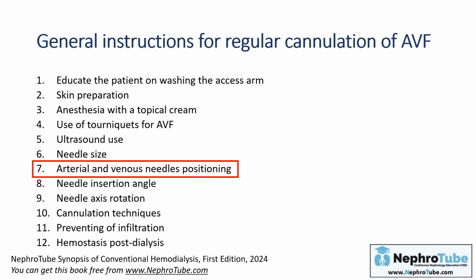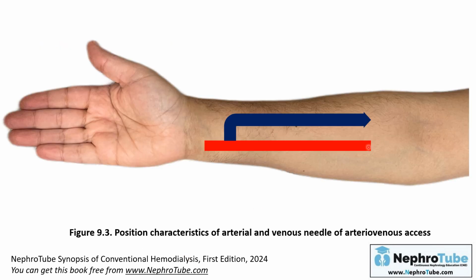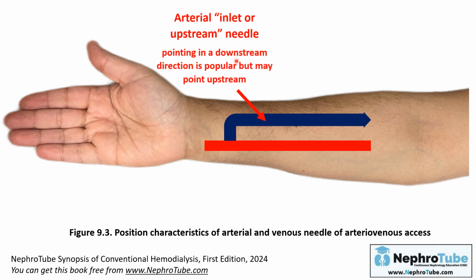Regarding arterial and venous needle positioning, this is very important. Let's imagine this is the fistula, this is the arterial segment, and this is the venous segment. Regarding the arterial needle, which is called the arterial inlet or upstream needle, it is usually cannulated pointing in a downstream direction. Downstream direction, I mean that it is directed toward the heart.